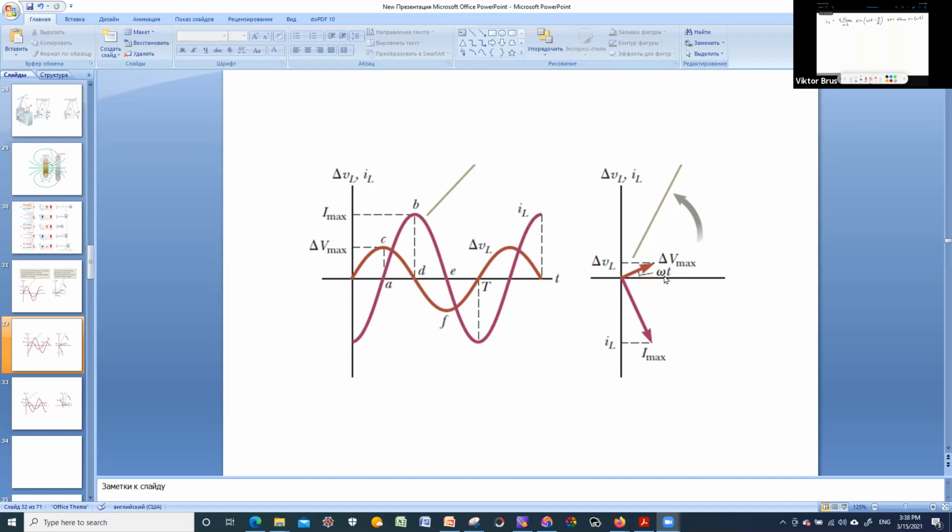Their angular frequencies omega are the same for voltage and current, but there is a phase shift of 90 degrees between these two vectors. And that means that always, as I mentioned previously, electric current is lagging behind electric voltage over an inductor in an AC electric circuit. So this is very, very important, and you should definitely remember this fact.